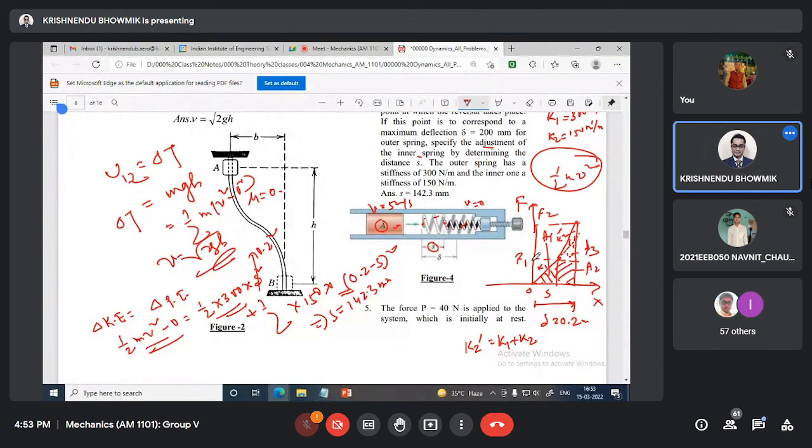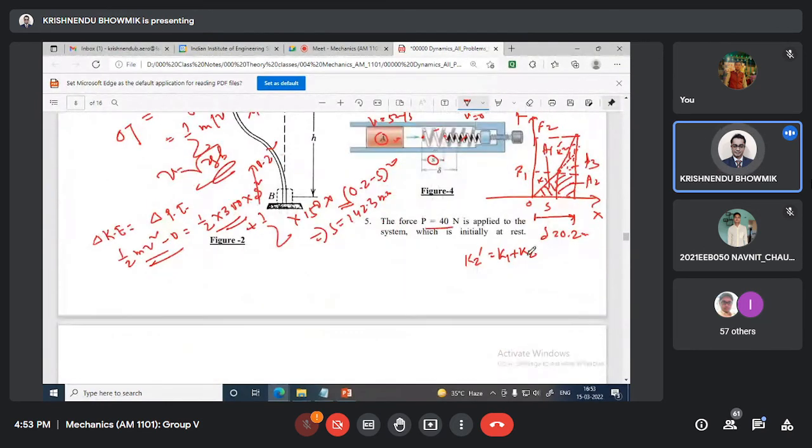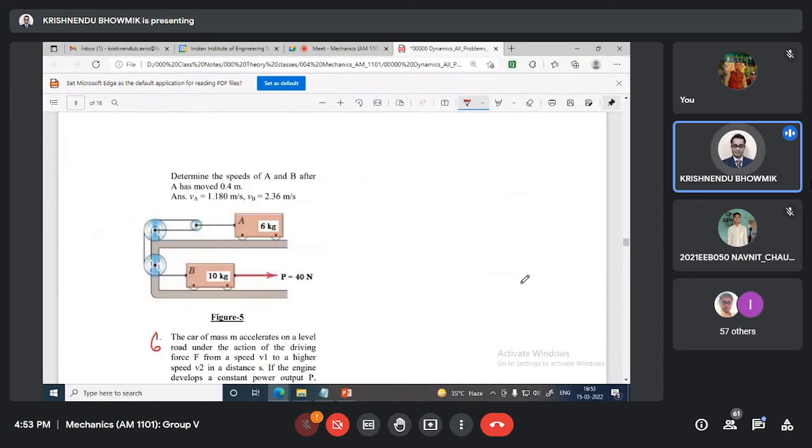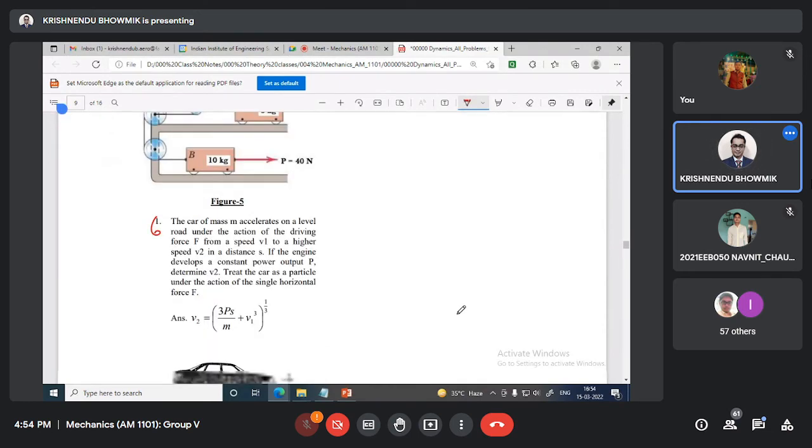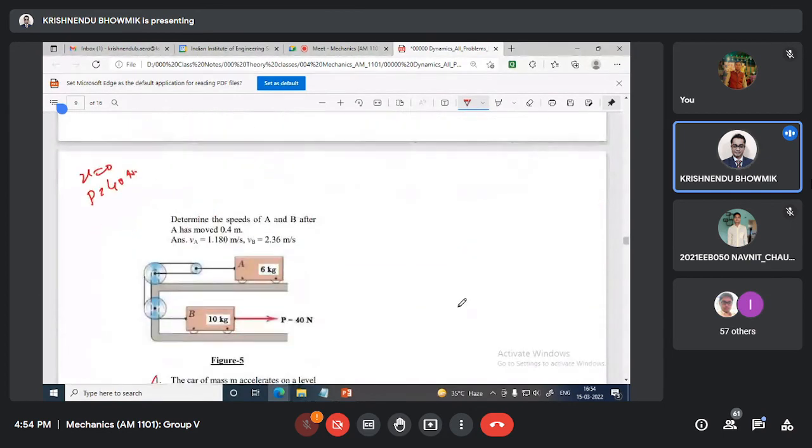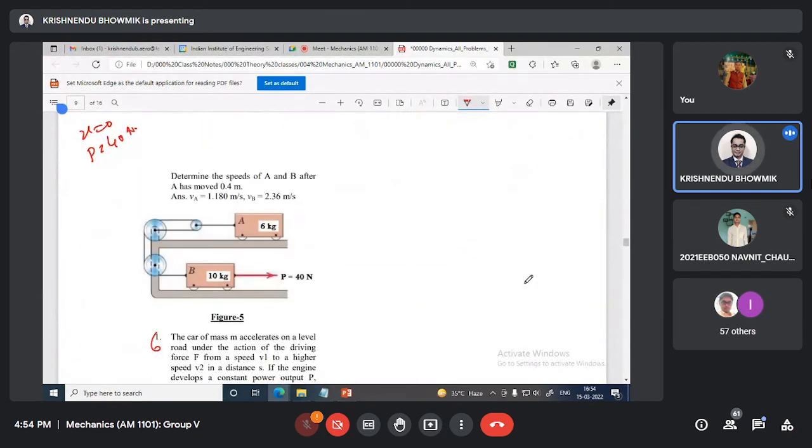Next question. A force P of 40 Newton is applied to the system which is initially at rest. Something is told already. P equal to 40 Newton. Determine the speed of A and B after A has moved by 0.4 meter.